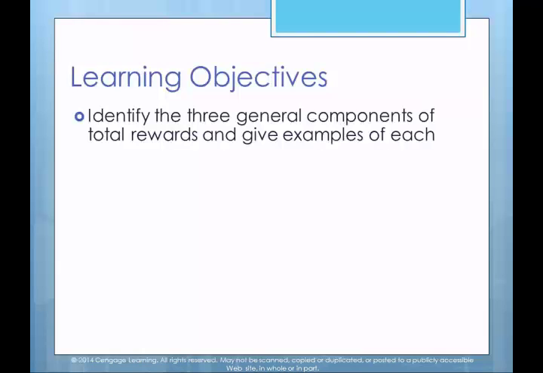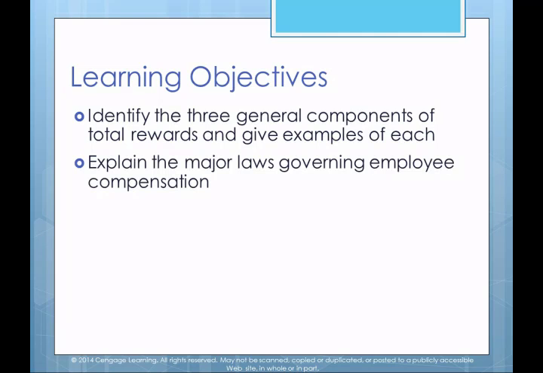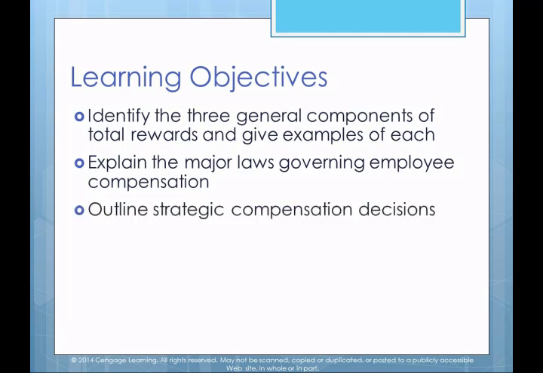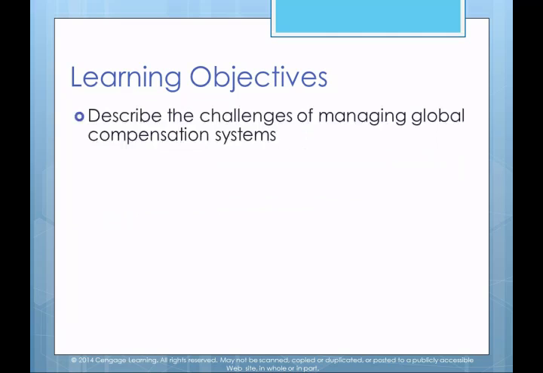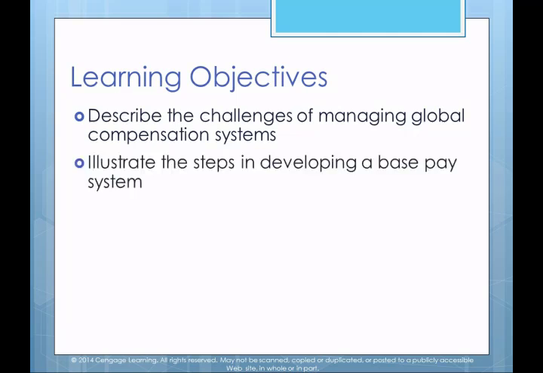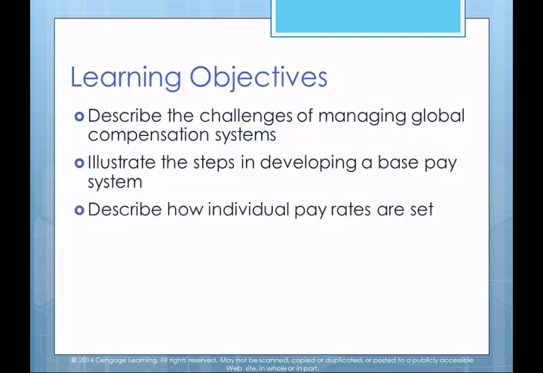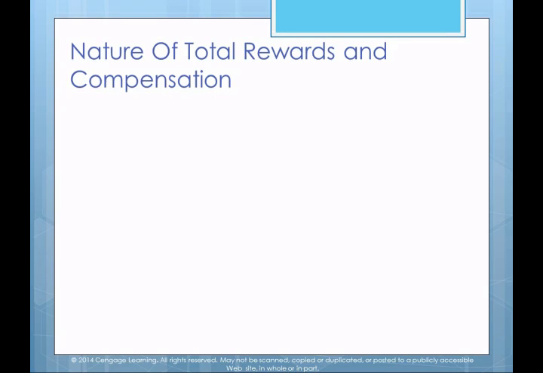So, the learning objectives are identifying the three general components of total rewards and giving examples of each, explain the major laws governing employee compensation, outline strategic compensation decisions, describe the challenges of managing a global compensation system, illustrate the steps in developing a base pay system, and describe how individual pay rates are set.